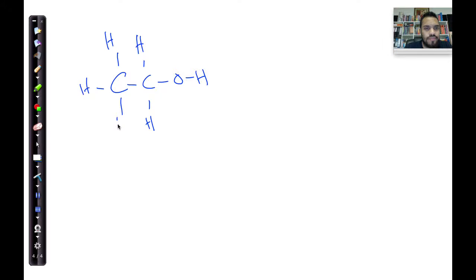While we haven't covered this in detail, you may have heard in school about this molecule. The handwriting is atrocious at the moment. This here is actually called ethanol.